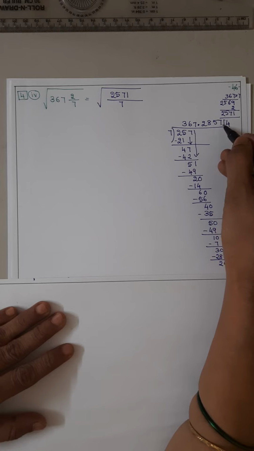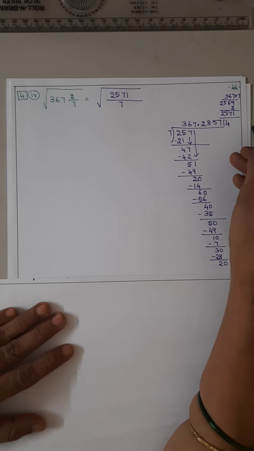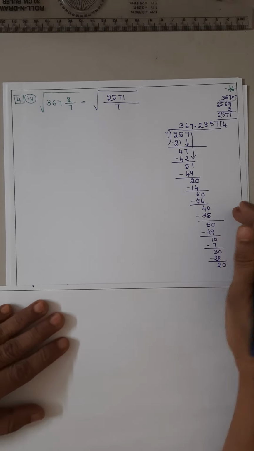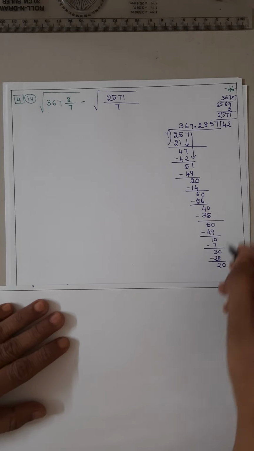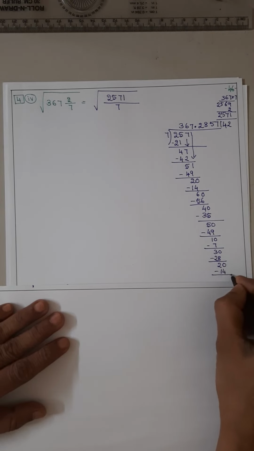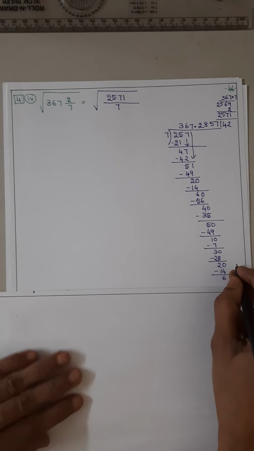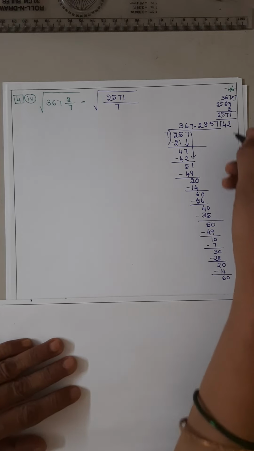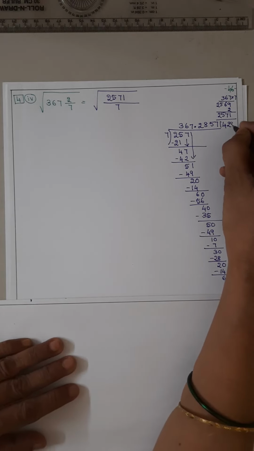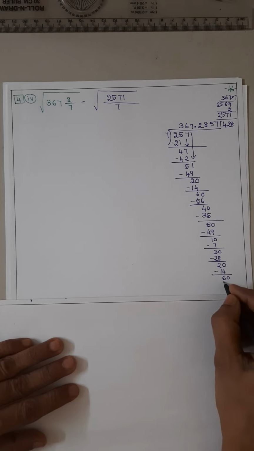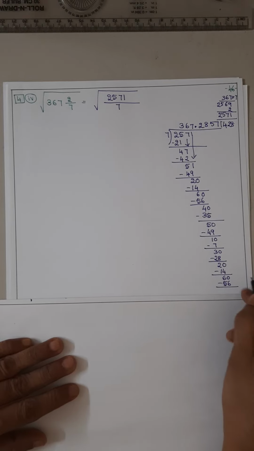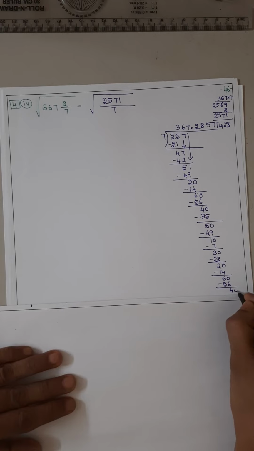1 2 3 4 5 6 over. Now 20 means 7 2s are 14. 6 remains. 0 and so 7 8s are 56. 4 remains.